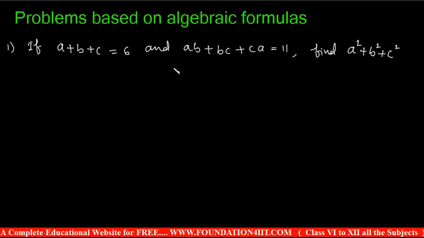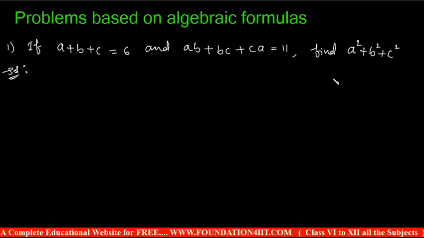As I explained in the previous topic, from those we can use the appropriate formula and solve this problem. Here a plus b plus c is given, and the value of ab plus bc plus ca is given. We need to find a square plus b square plus c square.